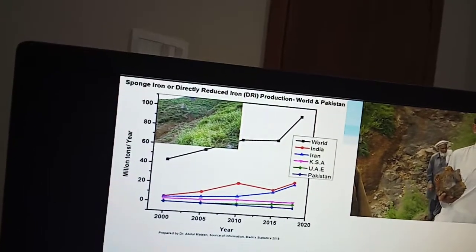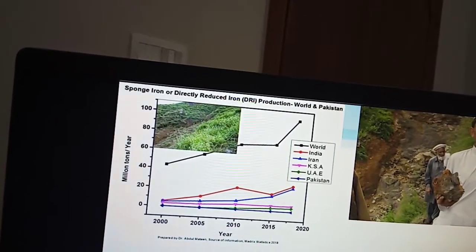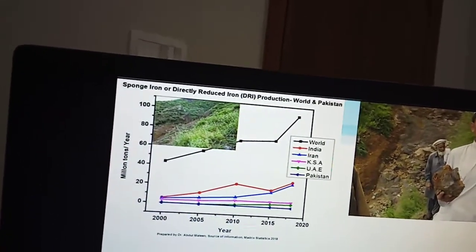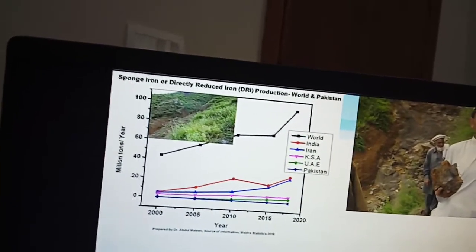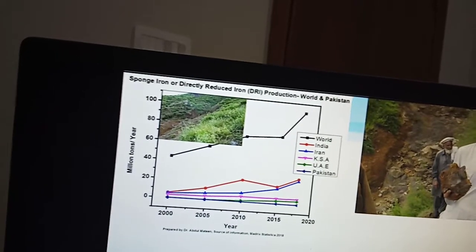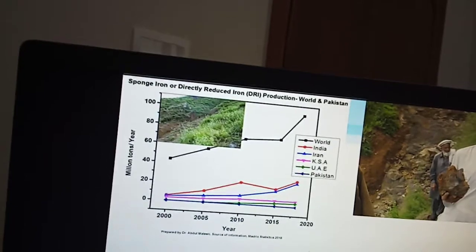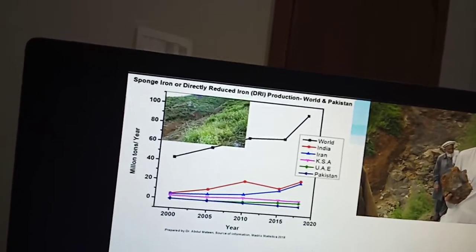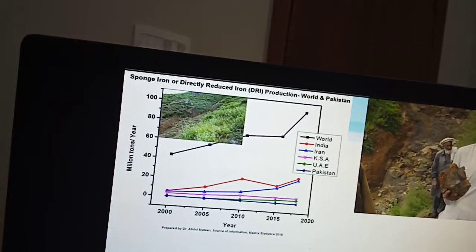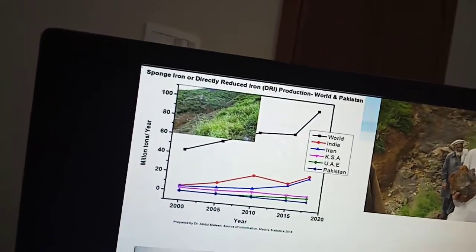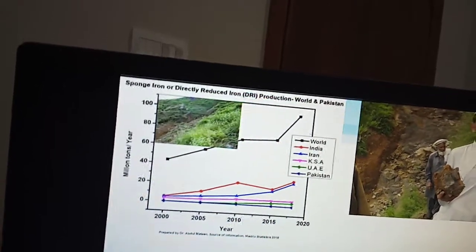But after that government, the subsidy was removed, and the subsidized supply of gas was stopped, and therefore the production was halted, and now that steel mill is not producing sponge iron. So for the production of sponge iron in Pakistan, I will recommend coal as a fuel and as a source of reduction of iron oxide.